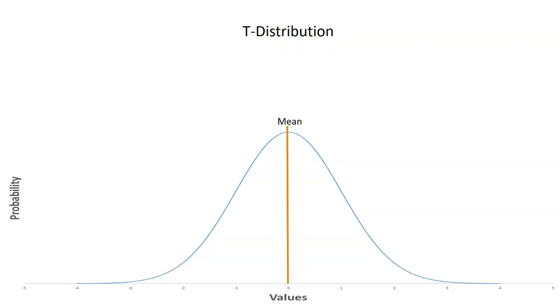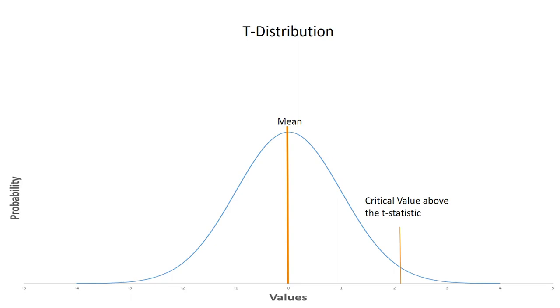T-distribution. Mean 0. So a critical value is some value of a test statistic above which, actually, I think I want this to say critical region. So this line is the critical value, and the area above it is the critical region. The critical region lies above the critical value.